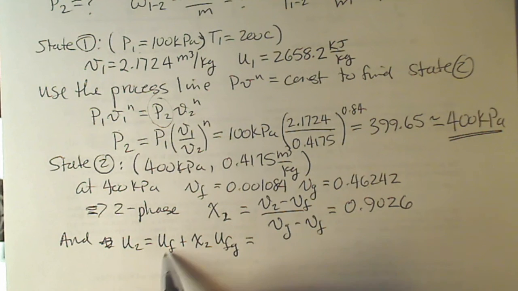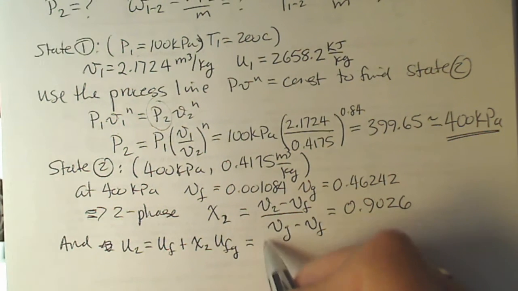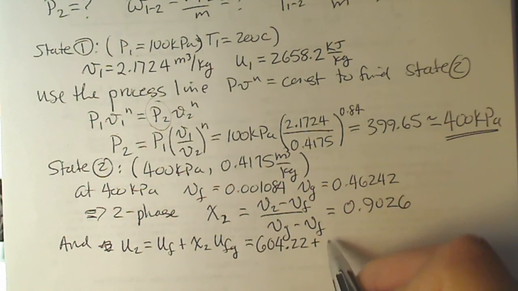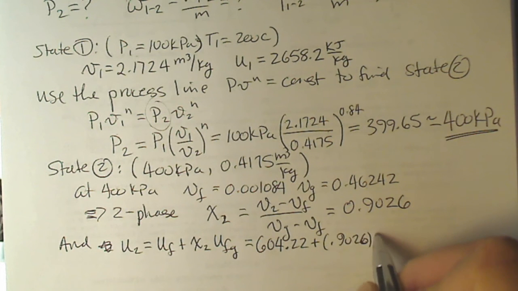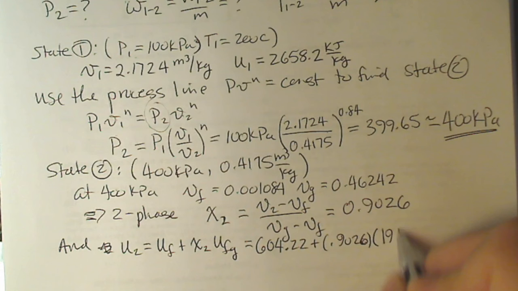And I can get these numbers from my table. 604.22 plus 0.9026 times 1948.9.